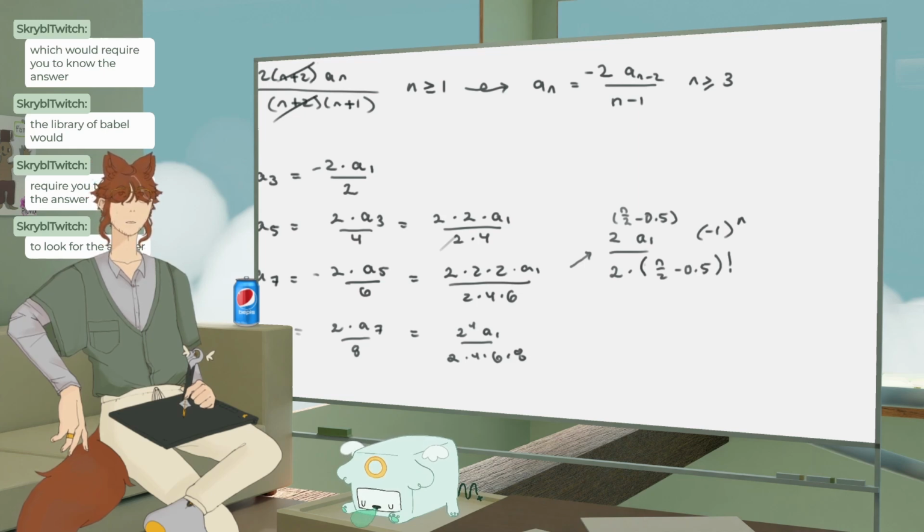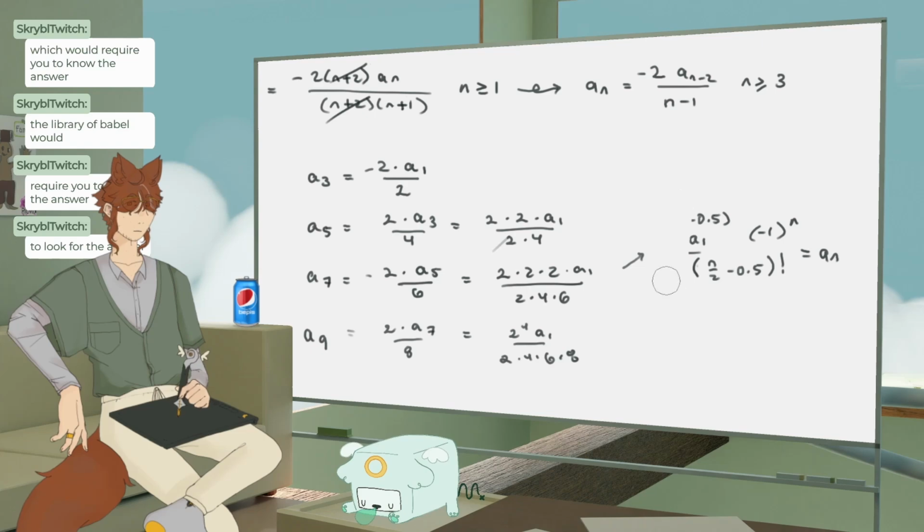They wrote a to the 2n plus 1. Oh, I see. Okay. This is me saying equals a to the n, but that's not true.